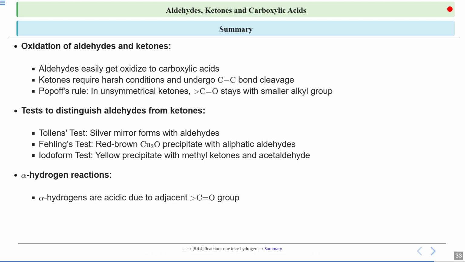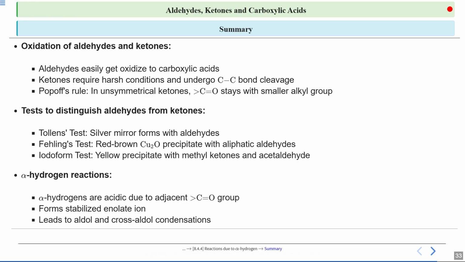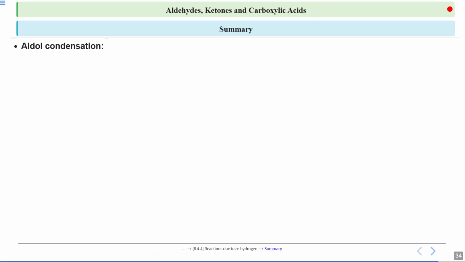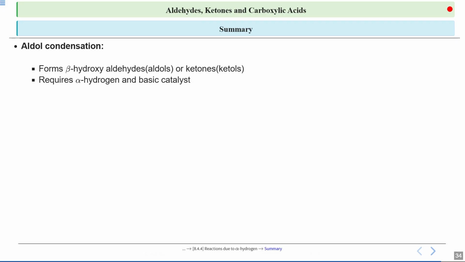Then we talked about alpha hydrogen. They are acidic due to the adjacent C=O group, and it forms a stabilized enolate ion, which leads to aldol and cross-aldol condensation. In aldol condensation, it forms beta hydroxy aldehydes, which are also called aldols, or beta hydroxy ketones, which are called ketols. It requires alpha hydrogen and a basic catalyst.